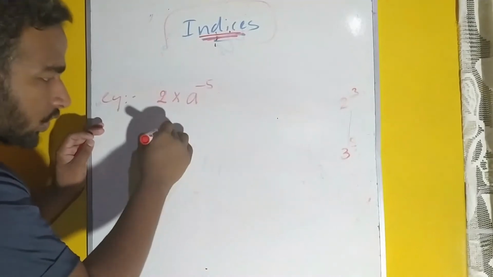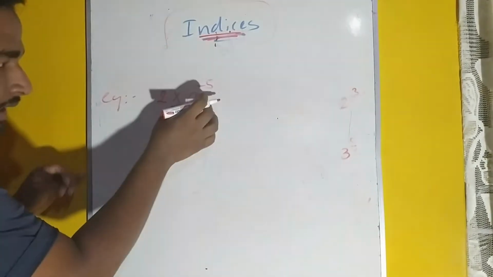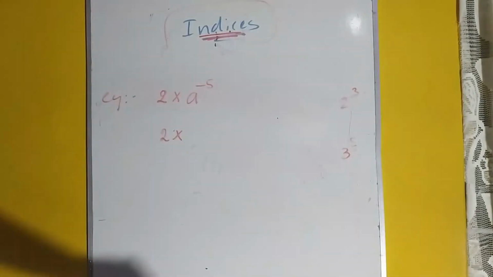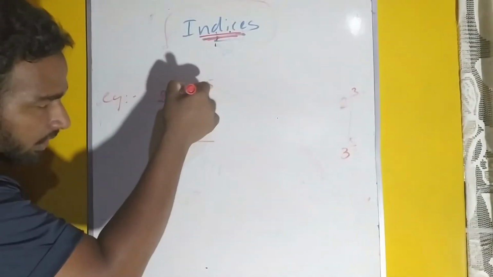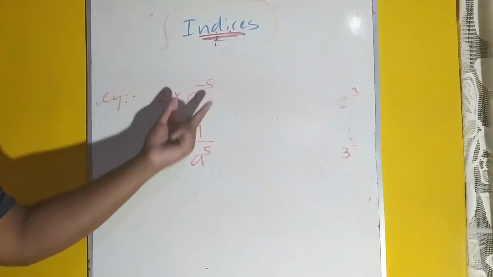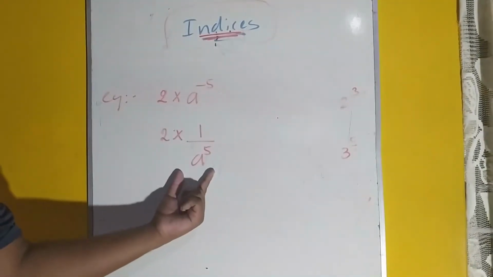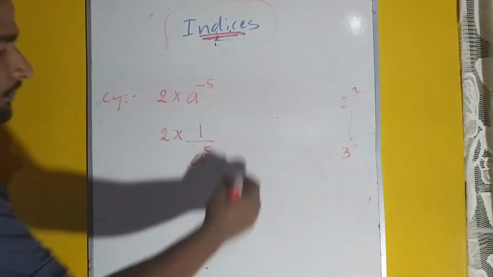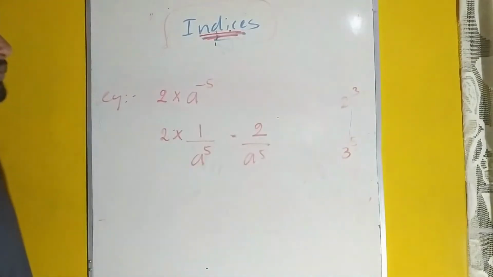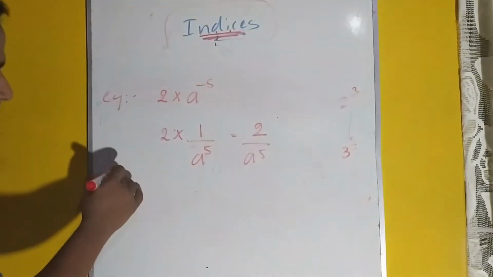So how can I write 2 into a to the power minus 5? If I need to change this negative to positive, I should write only that number in the denominator. So this one is in the numerator, so I can write it as denominator. So it is a to the power 5. So 2 into 1 is 2 over a to the power 5. So I am taking another example.